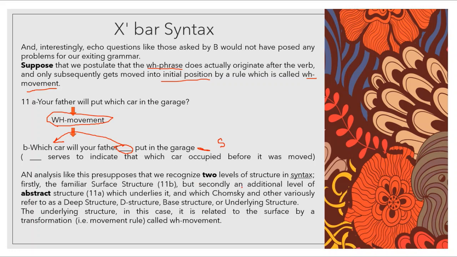But secondly, an additional level of abstract structure 11a which underlies it and which Chomsky and others variously refer to as deep structure, D structure, base structure or underlying structure. This is the new structure that we discovered, which some call deep structure, and we will just use its abbreviation, D structure, because it has all these names: deep structure, D structure, base structure, underlying structure.